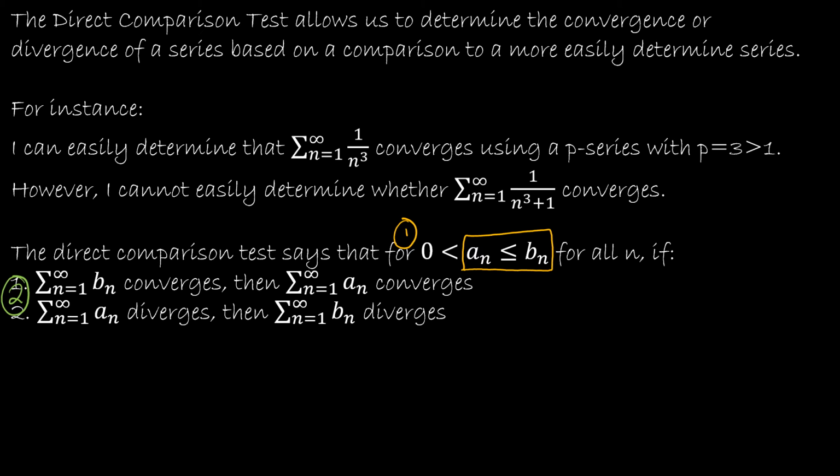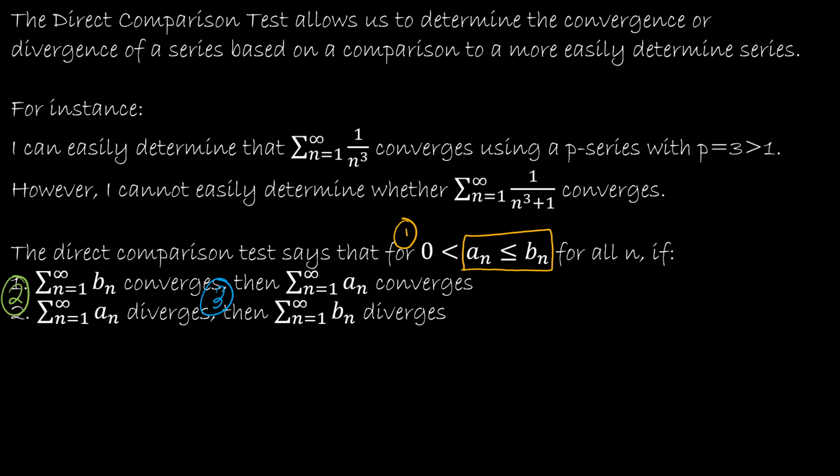Either b sub n converges and therefore a sub n converges, or a sub n diverges, then b sub n diverges. And then 3, of course, is to say the second part of that. So we have to show that one of them converges or diverges, and therefore the other converges or diverges. So here's our strategy.